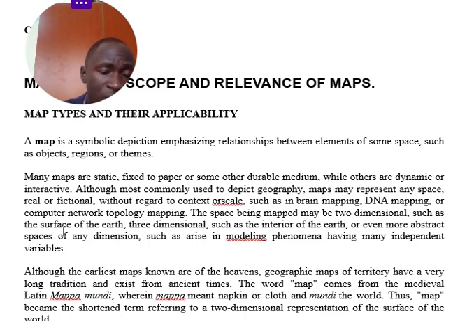They are saying that a map is a symbolic description emphasizing the relationship between elements of some shape, in other words, in form of objects and also regions or themes. So we are looking at the information depicted onto the Earth's surface in relation to the shape or specific objects within a region. So those are what we term as maps.